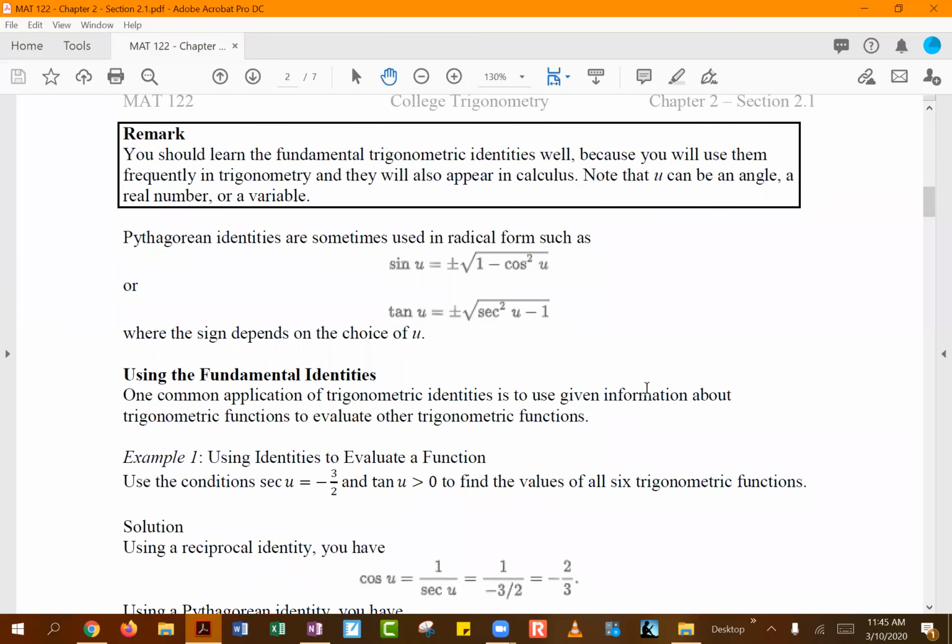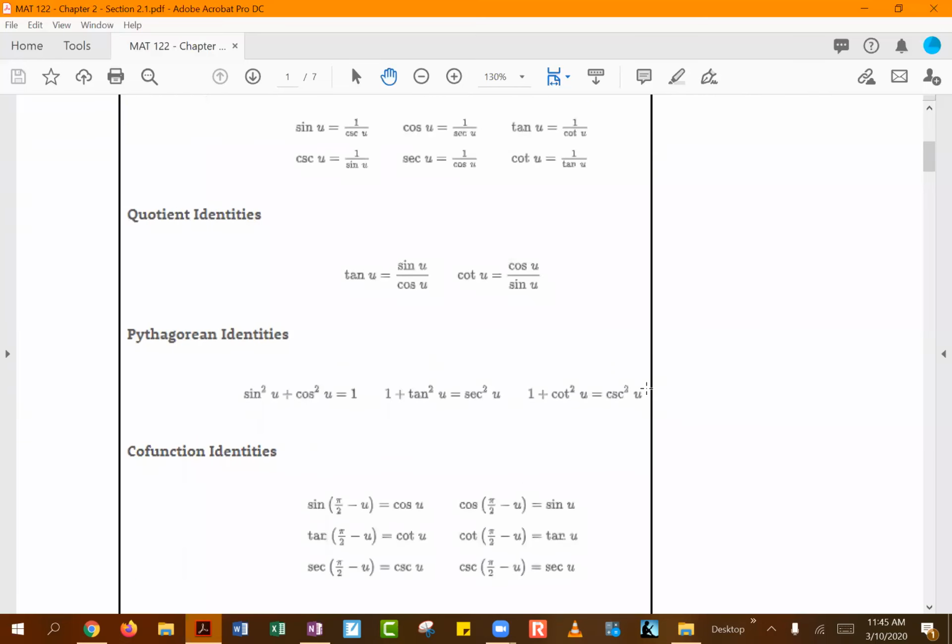Now with those Pythagorean identities that you saw right here, remember, if you're trying to use the cosine value to find sine, you would need to move the cosine to the other side, get sine by itself. So you can actually think of them as the square root property being applied to find the missing function.